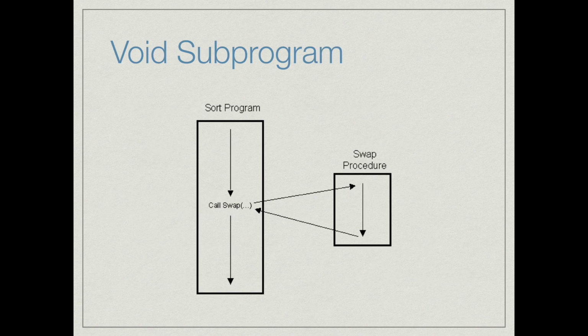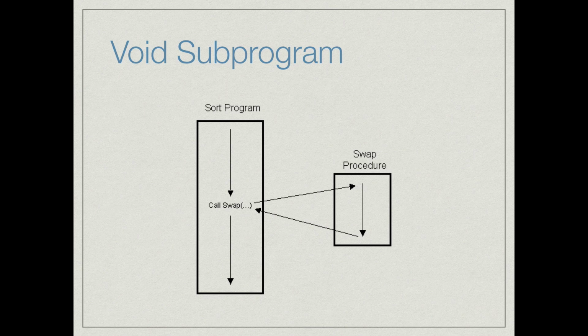There are a couple different what we call sub-program models. So if you have a void sub-program, if you think back to your Java classes or anything like that, a void sub-program means you call a procedure, you call a function, you call a method, and you don't care about what the method returns.